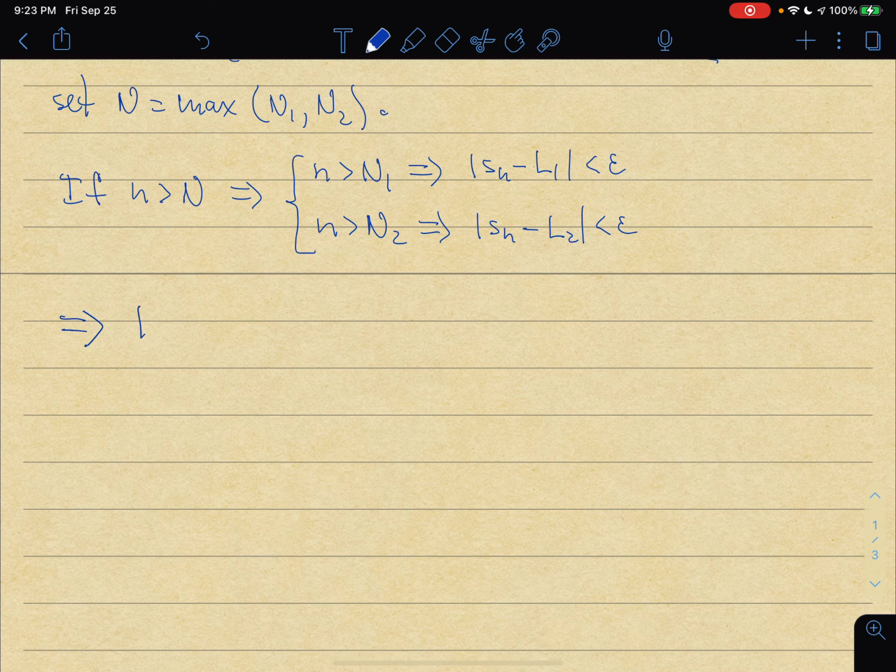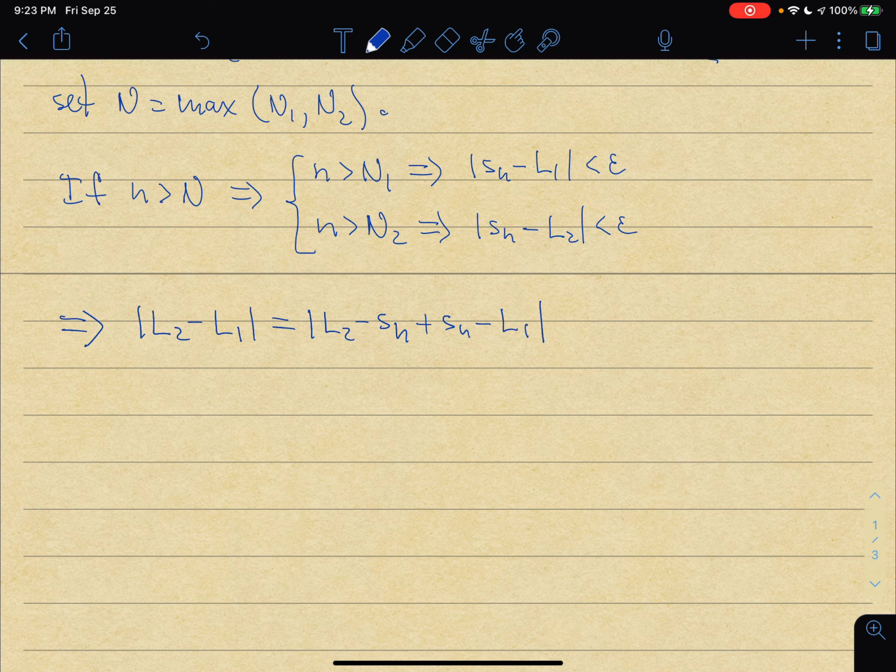If I compute the distance between L2 and L1, that's the absolute value of L2 minus L1. Rather than measuring directly the distance from L2 to L1, I can go via Sn, and I can write this as |L2 - Sn + Sn - L1|.